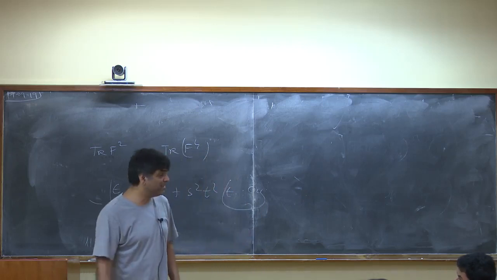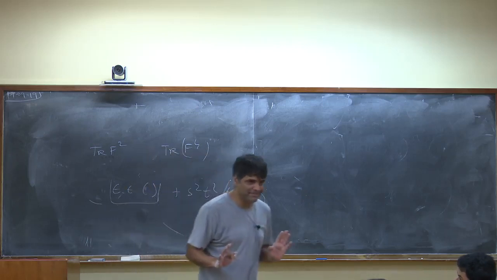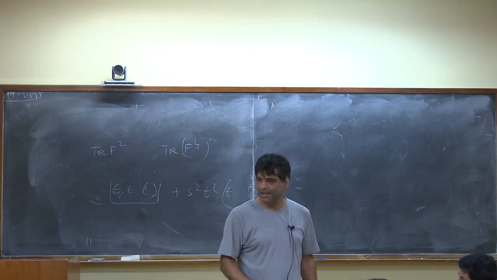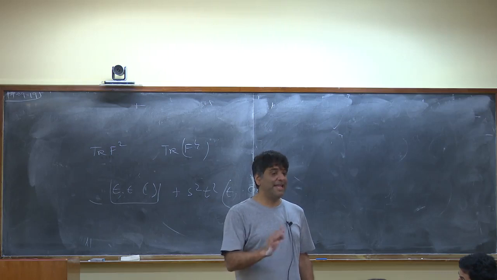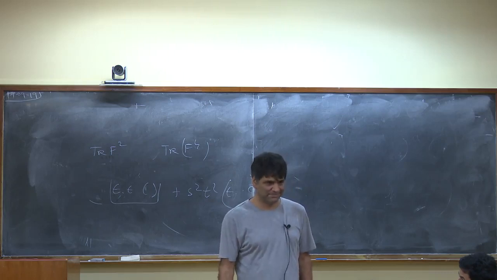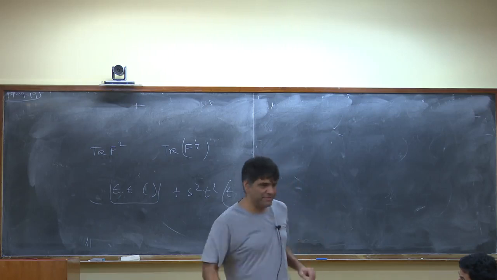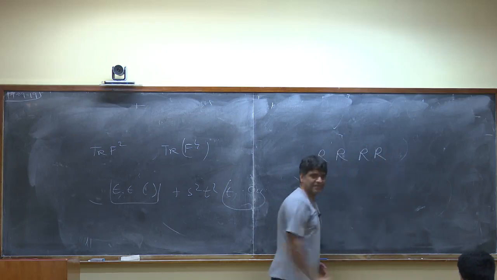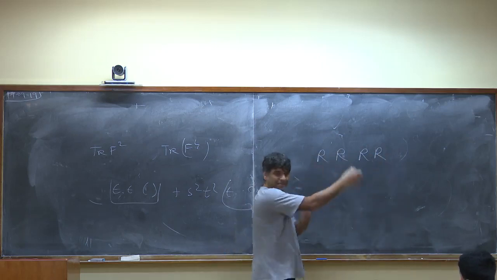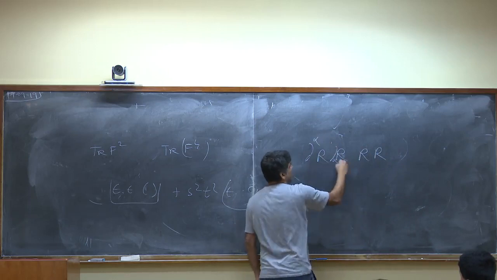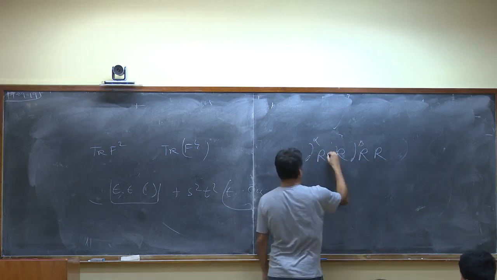In d dimensions, d greater than or equal to 7, if we focus on parity even structures, there are a total of 10 Lagrangians plus their derivatives. So the generic Lagrangians of the form RRR, these are all Riemanns with various weird contractions. And then there are derivatives contracting between them, del alpha, del beta.